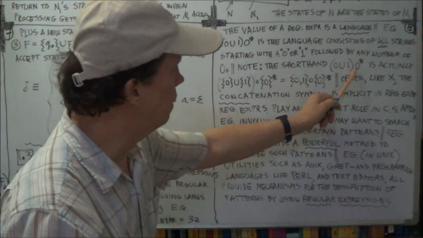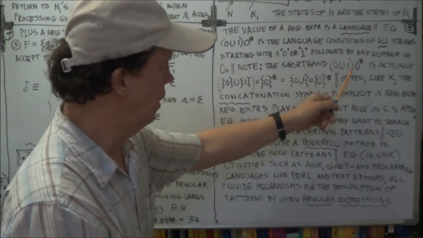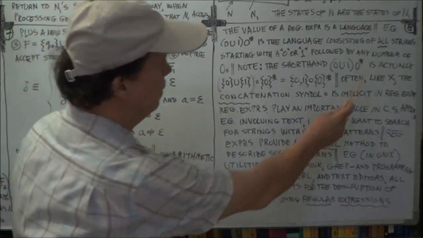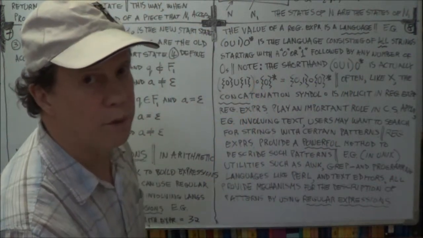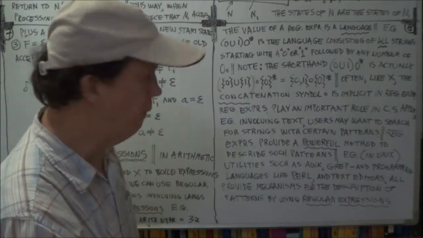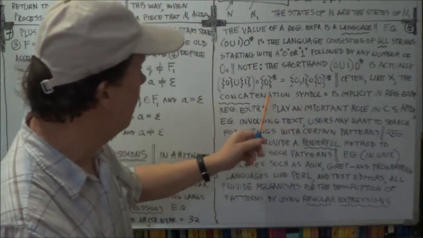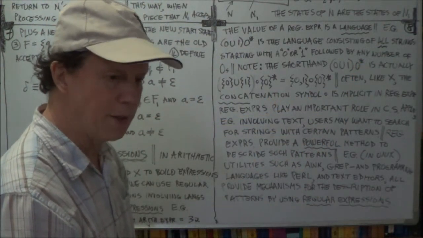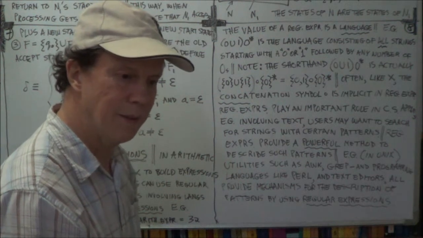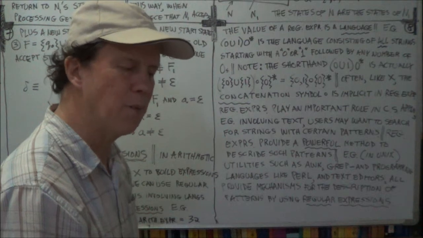And this looks like multiplication, but it's just a shorthand for concatenation. So here is a missing little circle, the concatenation symbol for the concatenation operator. There should be a little symbol here in the middle. And star is a regular operator. It operates on a set. It operates on a language.